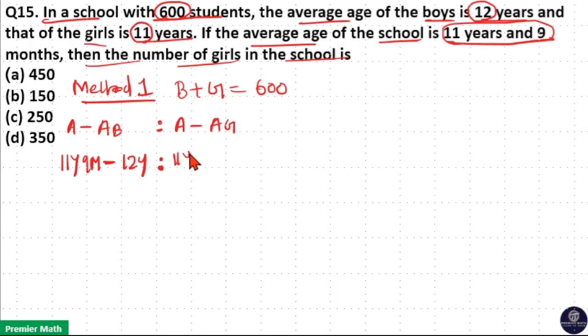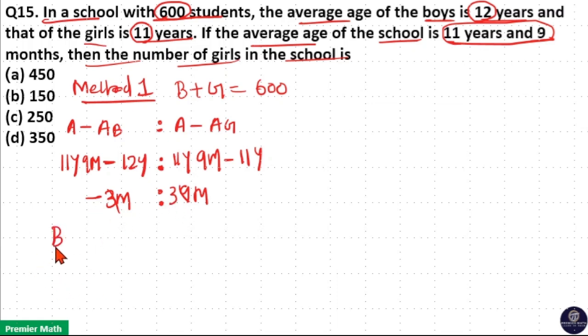So, 11 years, 9 months minus 11 years. Now, difference between this is minus 3 months because 12 years minus 11 years is 1 year. 1 year minus 9 months is 3 months. So, minus 3 months is to, here 11 years 9 months minus 11 years is 9 months. Now, 3 goes 3 times in 9. So, minus 1 is to 3.